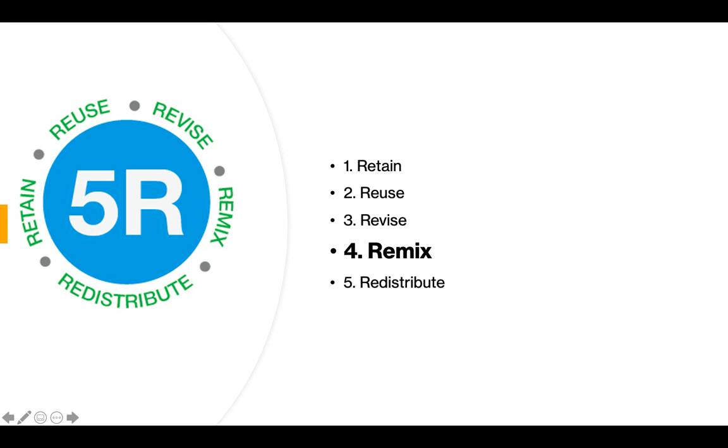So I would think of remix kind of like a mashup. So by allowing users to remix content, they can create new information to meet their course objectives or to meet their student learning objectives or SLOs, or those outcomes, I'm sorry.